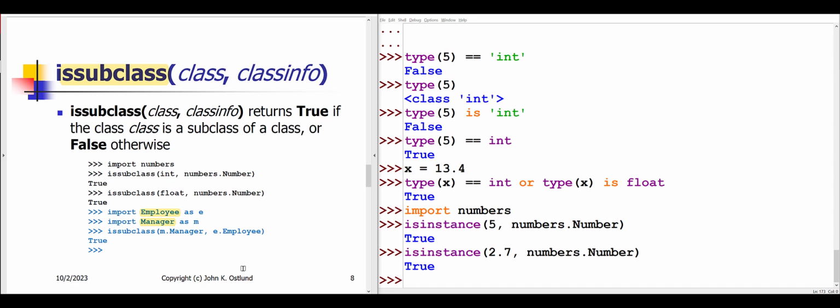I keep wanting to say base class. And so I can ask now, is manager a subclass of employee? And I'll be told true. Yes, manager is derived from employee.